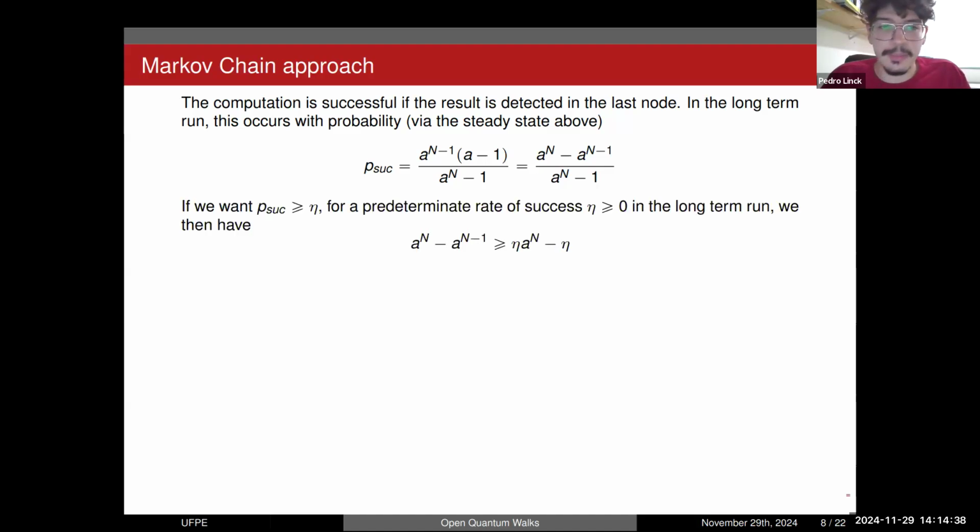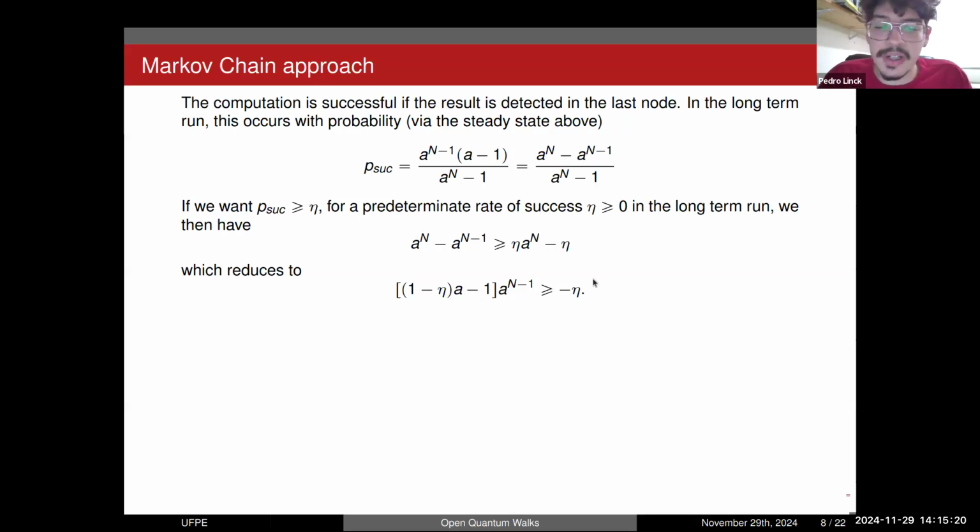So let's do this. If we want our probability of success in the long-term run to be greater than some eta, then we have this, it's just some algebra. Then we can isolate the A's on one side and we get this. This inequality, maybe solving it analytically is a little hard, but we don't have to, because as eta and A are positive, then A to the n-1 power is positive.